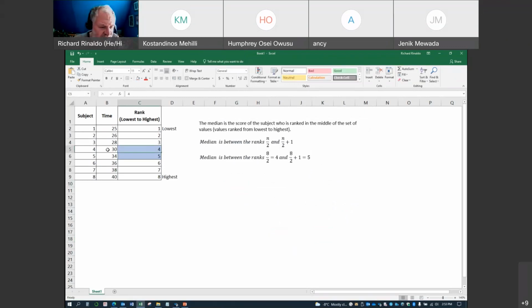To calculate the values, I basically take the average of the two.